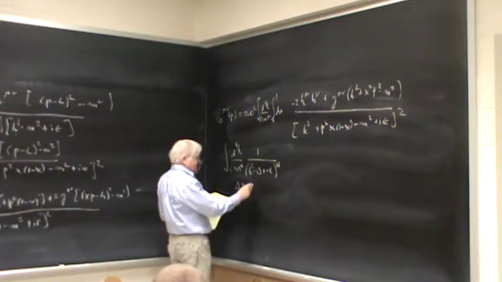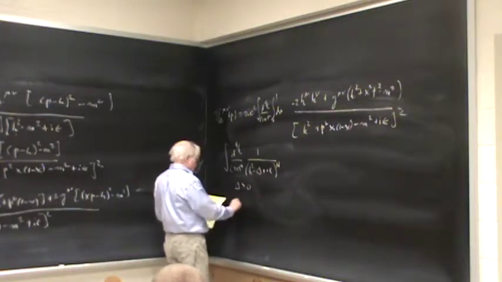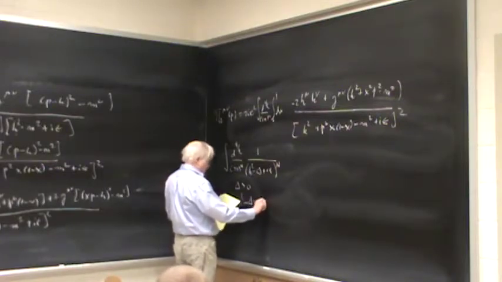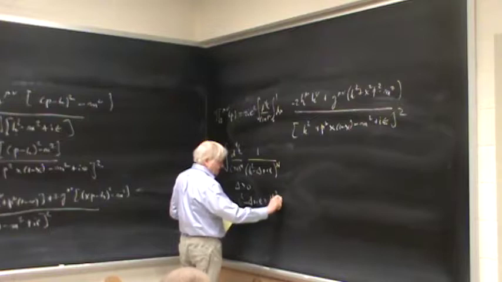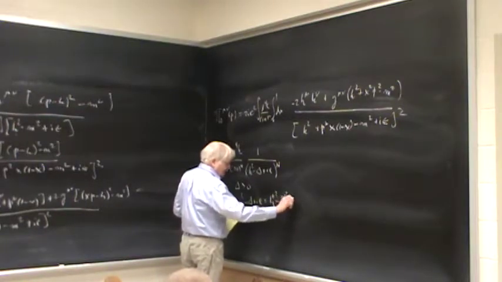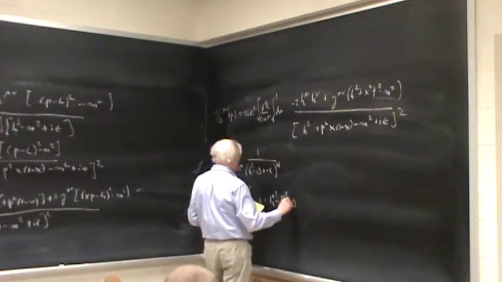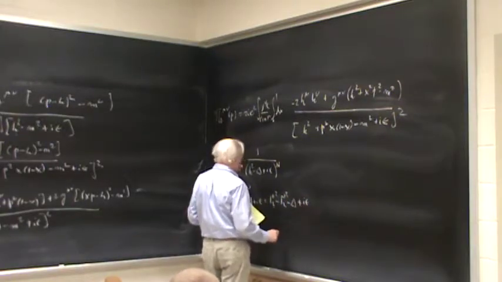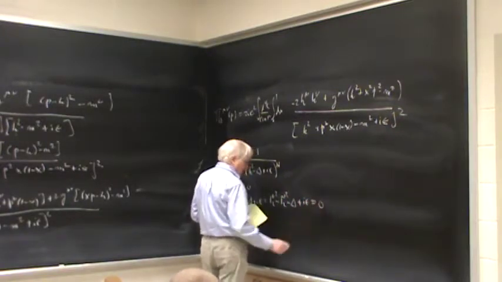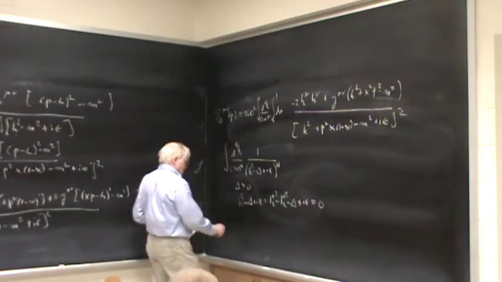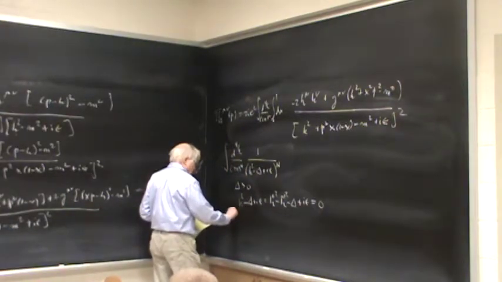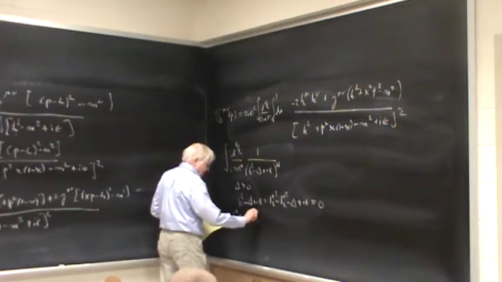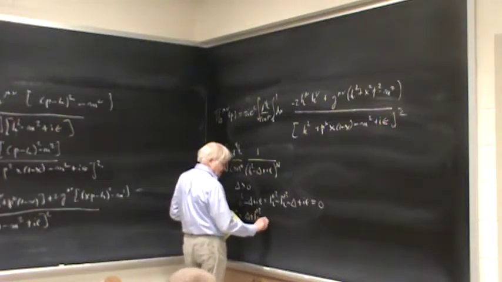And with Schwarz's metric, what we've got here is k squared minus delta plus i epsilon. This is going to be k0 squared minus k vector squared minus delta plus i epsilon. And so when that is 0, it's when k0 squared is equal to delta plus k vector squared minus i epsilon.